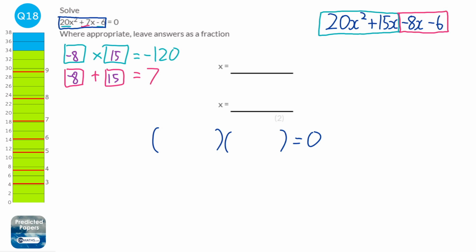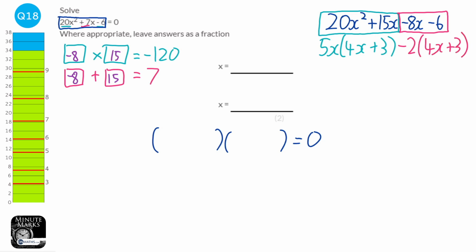This is going to be 5x, we can divide out both of those, so that would be 4x plus 3. And the negative needs to be on the outside, so we've got a minus there, and 8 and 6 would be minus 2, so that would be 4x plus 3, because minus 2 times 3 is minus 6.